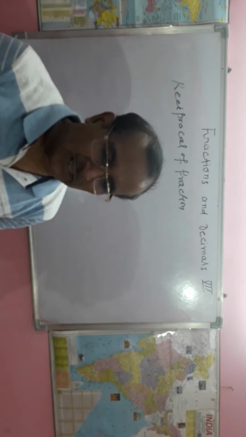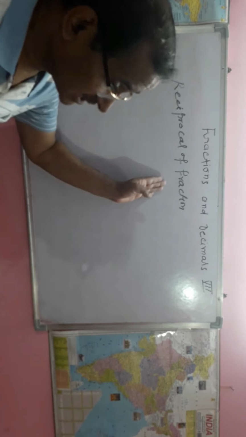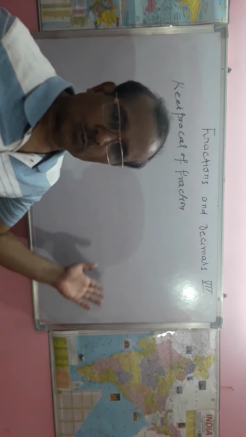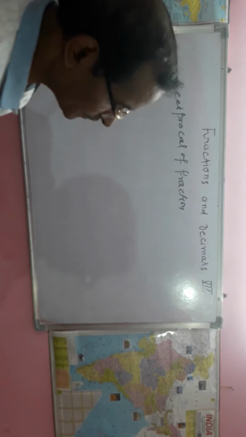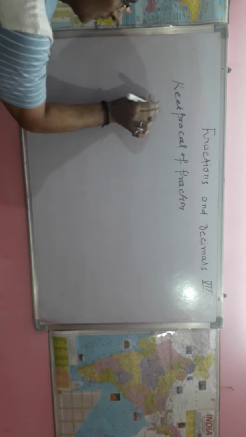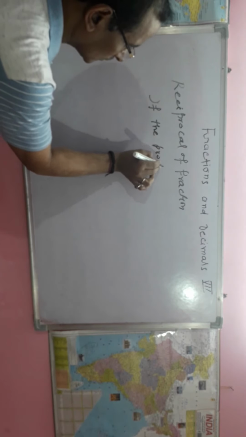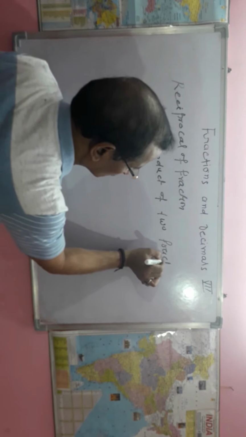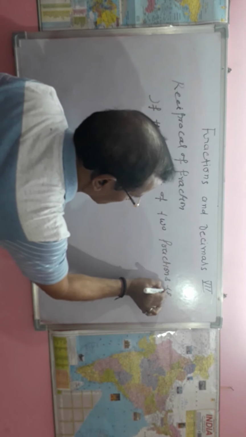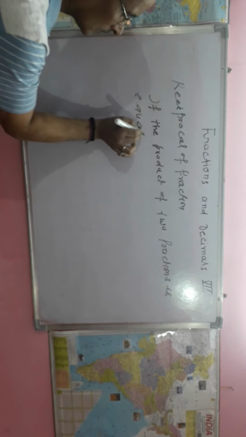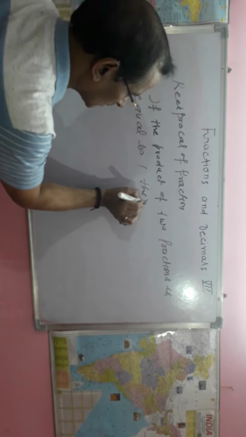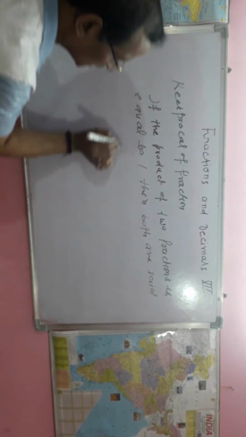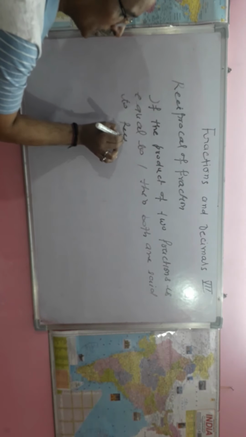Reciprocal means if we multiply a fraction by another fraction, and the product is equal to 1, then they are said to be reciprocal to each other.